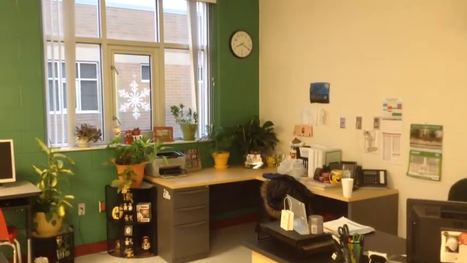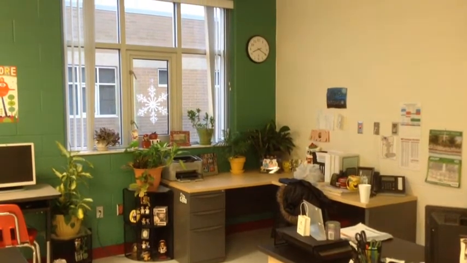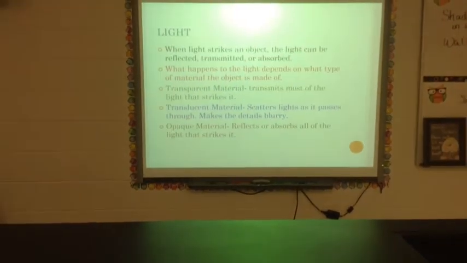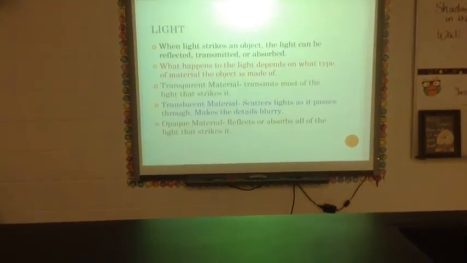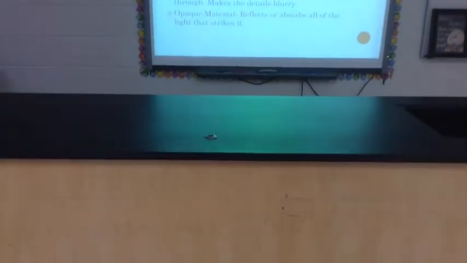The snowflake on my window is translucent material. And last, opaque materials reflect or absorb all of the light that strikes them, so none of the light goes through. My lab table is opaque.